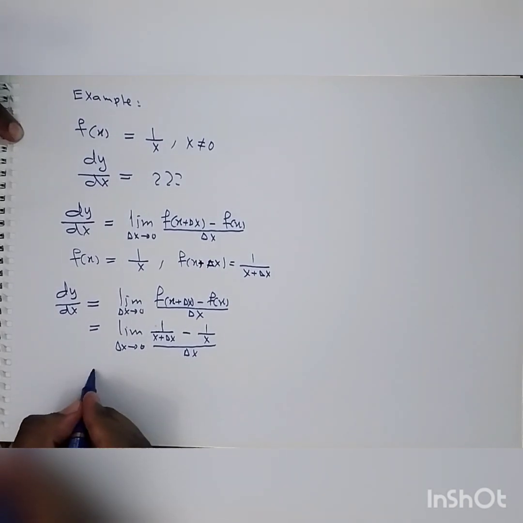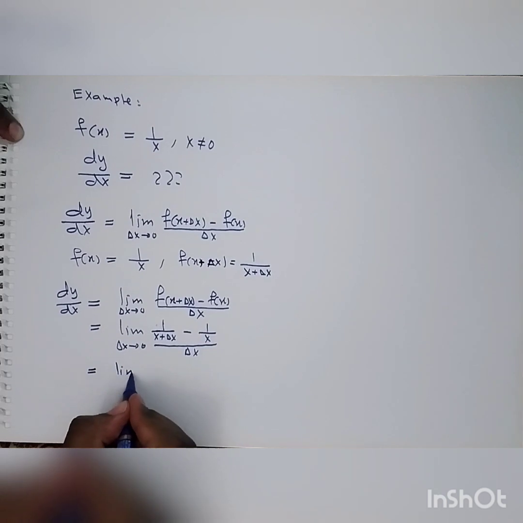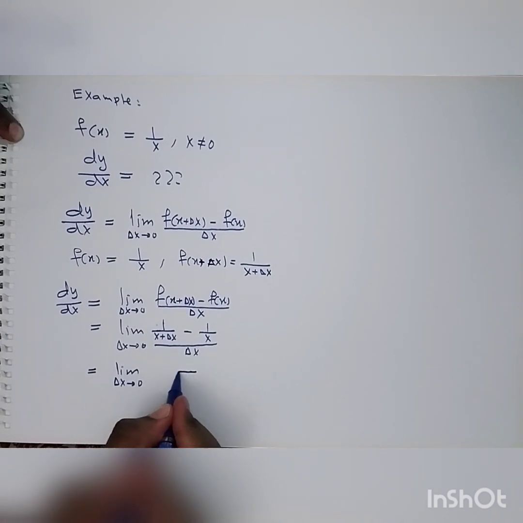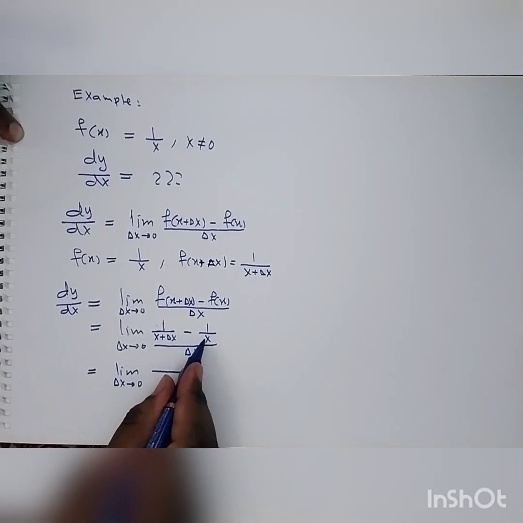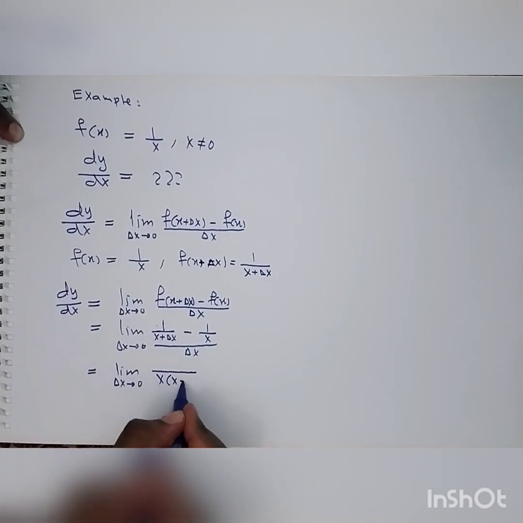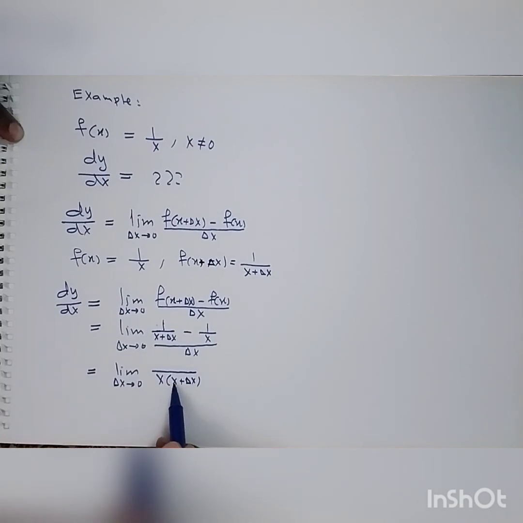So now that will be equal to the limit as delta x approaches 0, and now we would have here a common factor. We will take just the multiplication of x and x plus delta x. Now we'll divide this by x plus delta x, which is x.